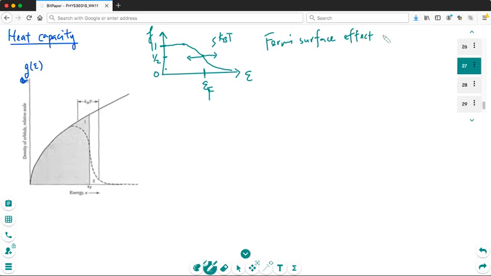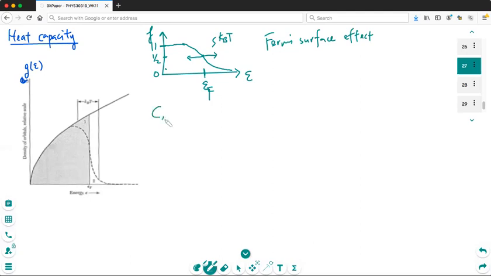Now we can look at the heat capacity. You can already have the clue, right? Why is the heat capacity in reality so small compared with the estimate from the classical model, classical statistics?